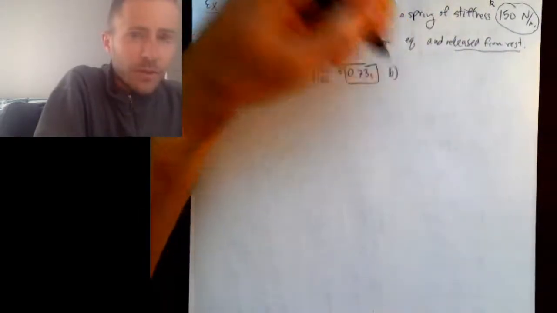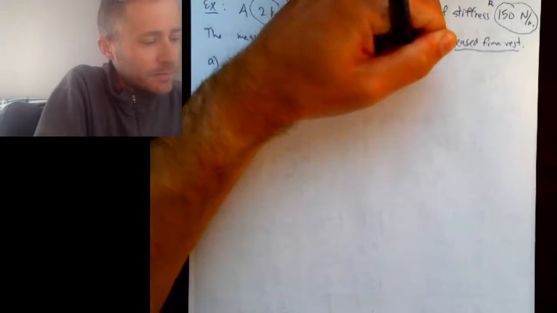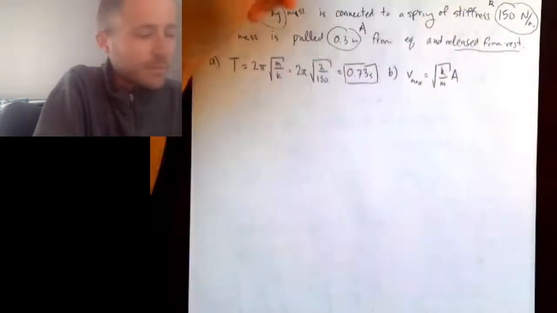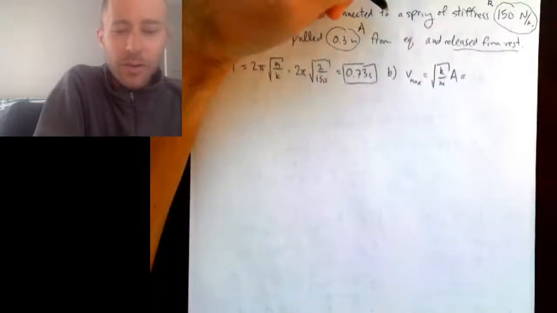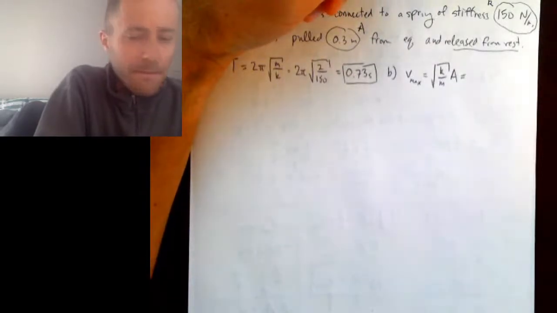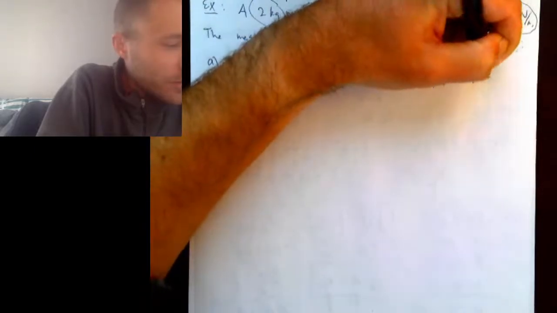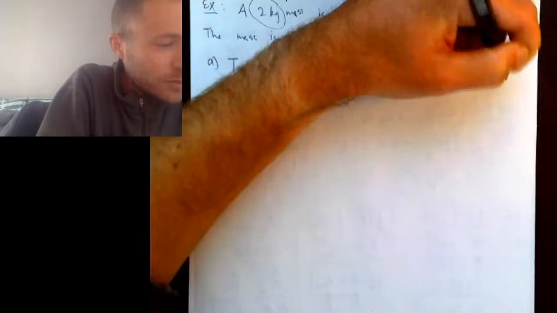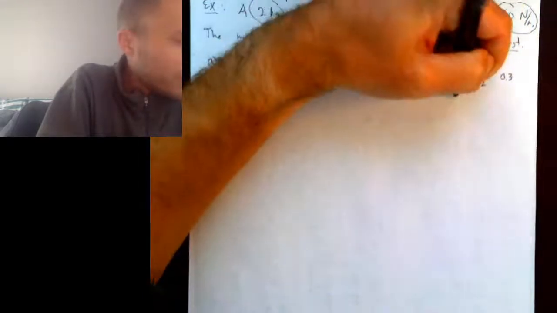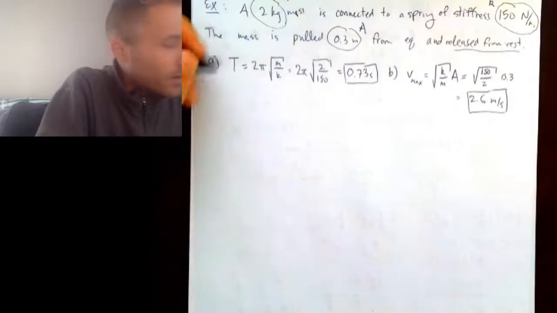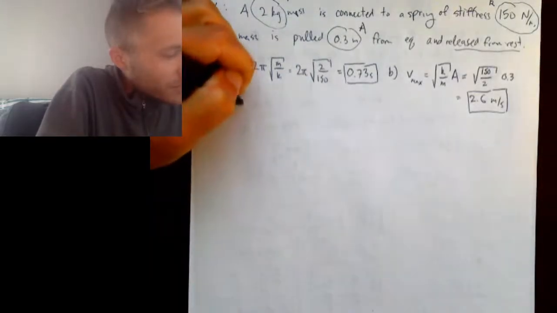We could figure out the maximum speed. The max speed is going to be square root of k over m times the amplitude. So that is going to be square root of 150 over 2 times 0.3, which is equal to 2.6 meters per second. So that is the maximum speed. We could calculate the maximum acceleration.